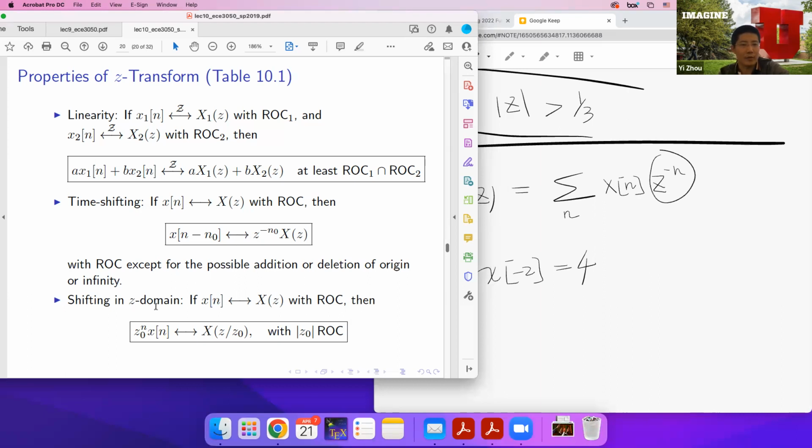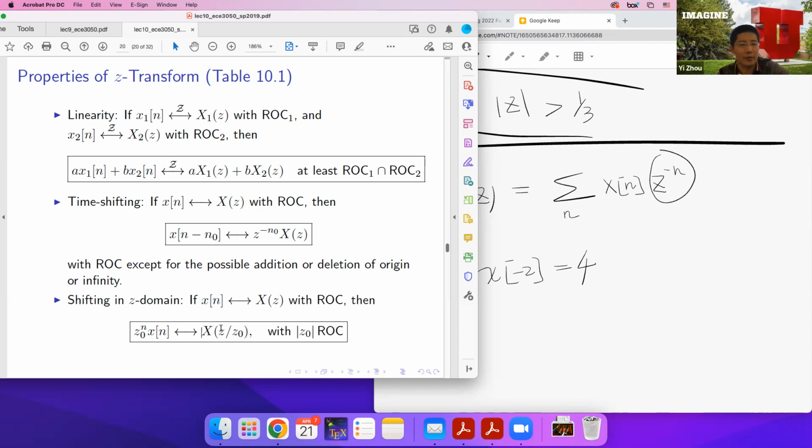And shifting in the Z domain. Okay, so this one is a little bit different. Because here is a discrete case, so the Z domain shift is actually given by X(z/z0). In the Laplace transform, we do not do division.